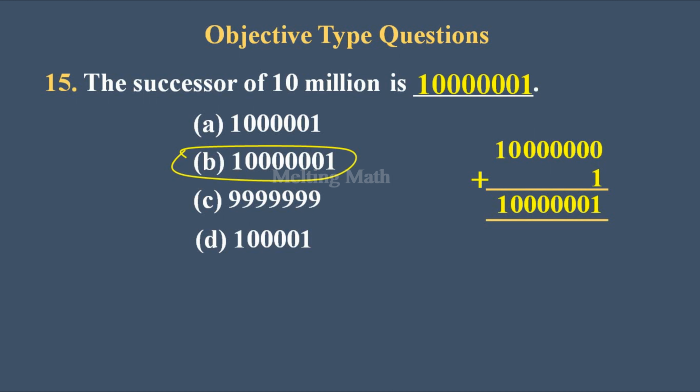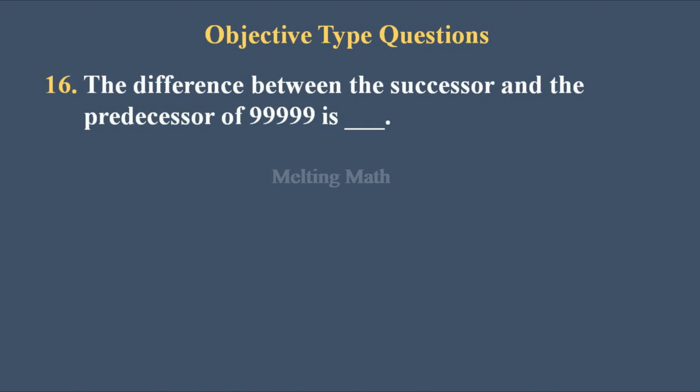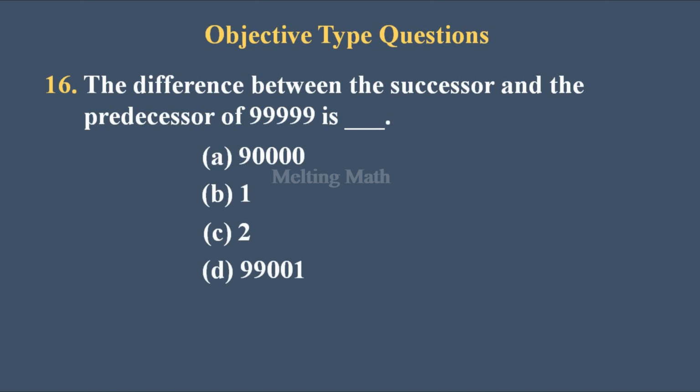Next, the difference between the successor and the predecessor of 9,99,999 is dash. For finding the answer, first we have to find the successor and the predecessor of the given number. Then we subtract them. The successor of 9,99,999 is 10 lakh.